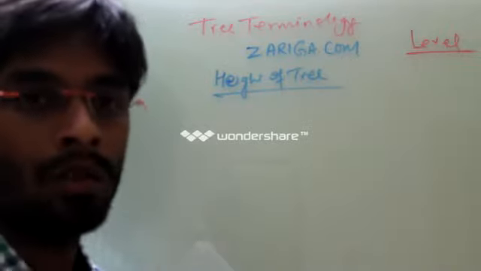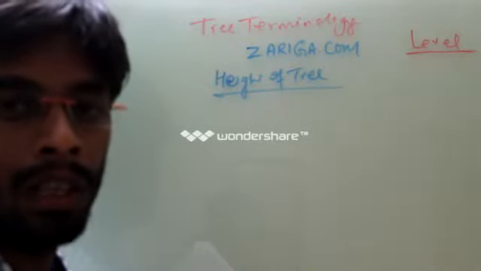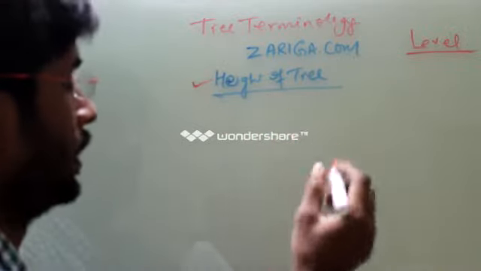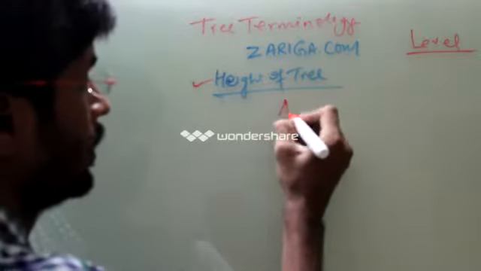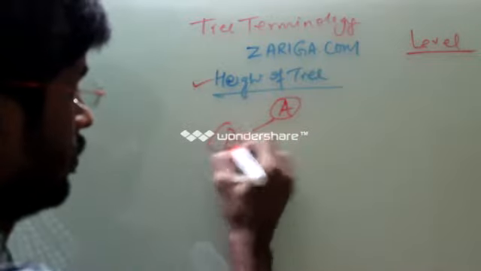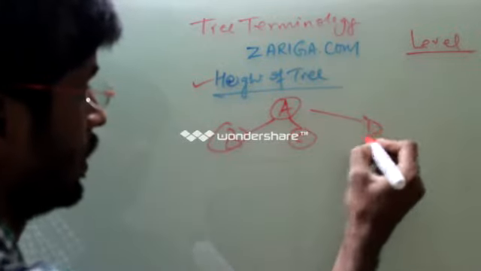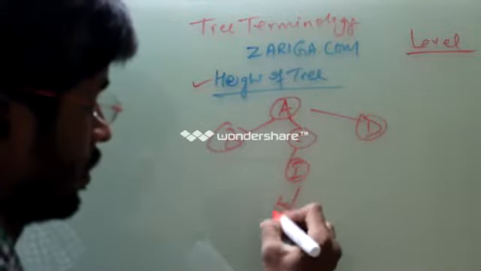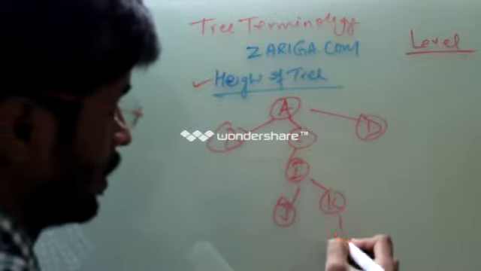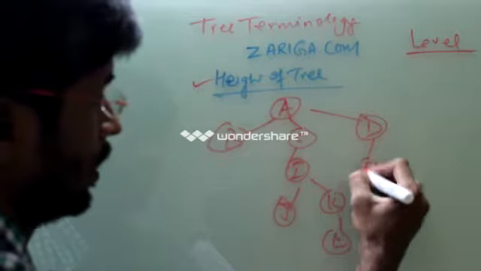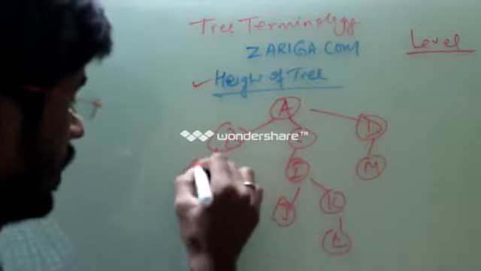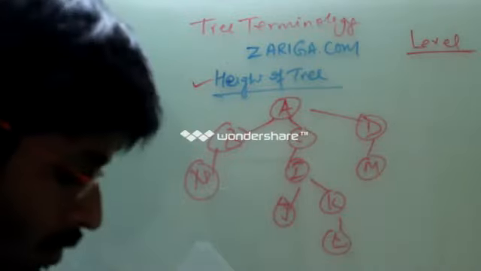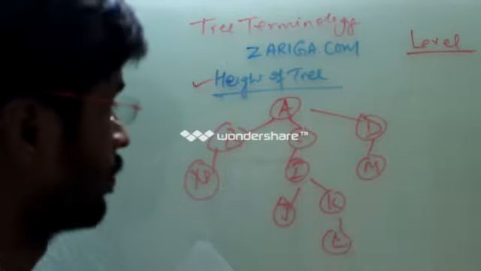So far we understand the root element, node element, parent element, child element. So let us now define the height of the tree. In a given tree, let's say A, B, C, D, I, J, K, L, M, N, I need to find the height of the tree.